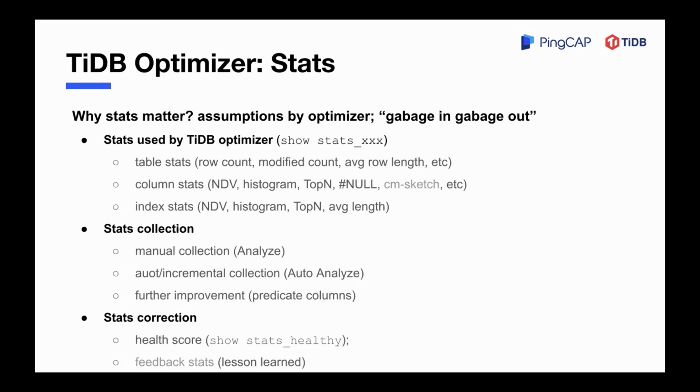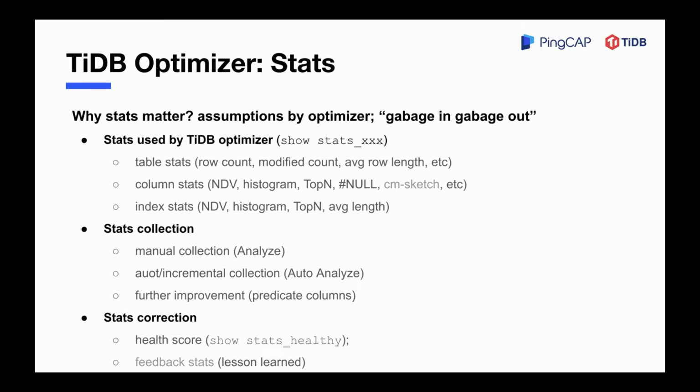That's why we also provide auto or incremental statistics collection. But at the same time, we know that stats collection can be very time consuming. For example, if you have a table with 20 billion rows and several hundred columns, collecting stats on such a big table can take a very, very long time. So we also made some improvements to stats collection.